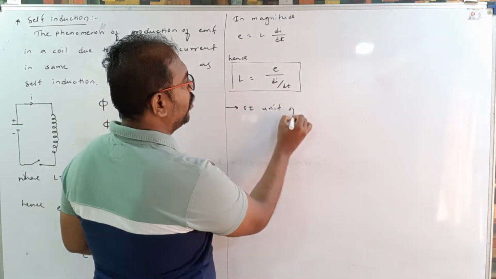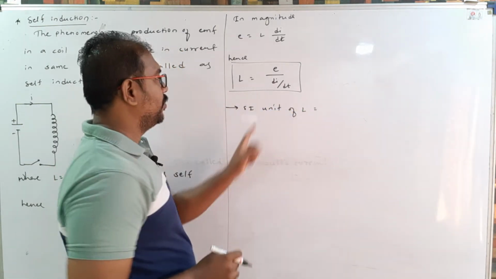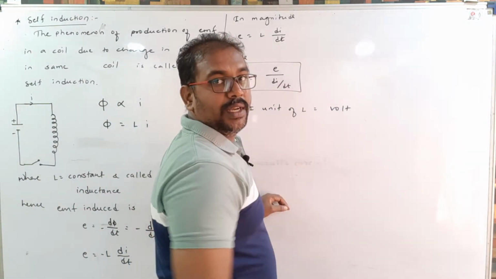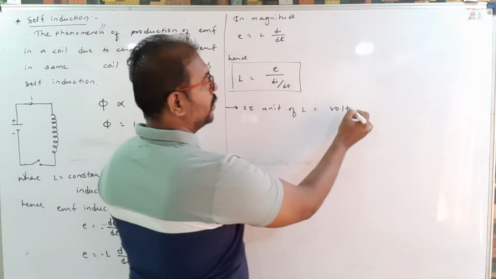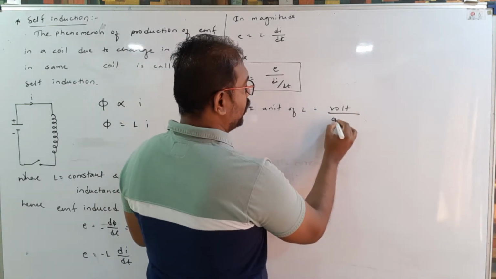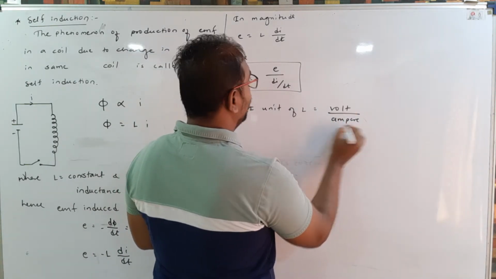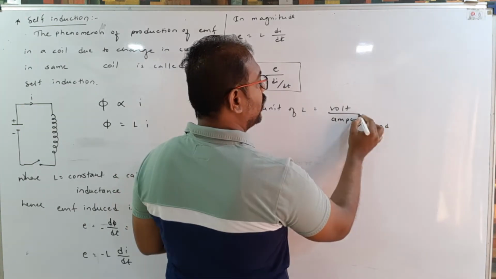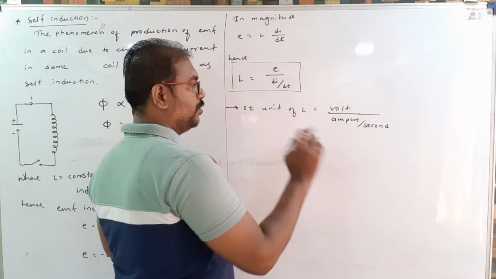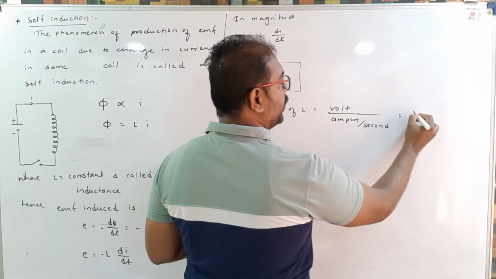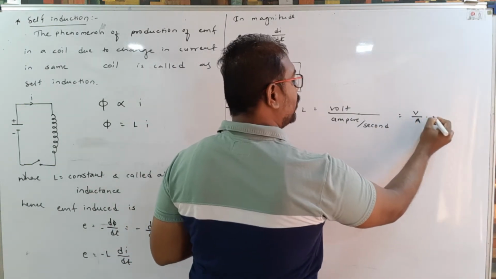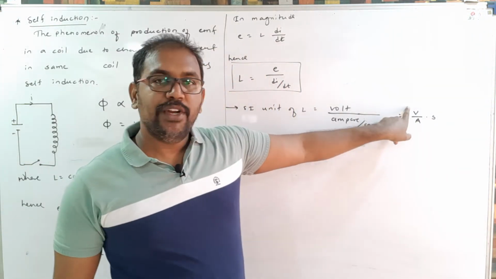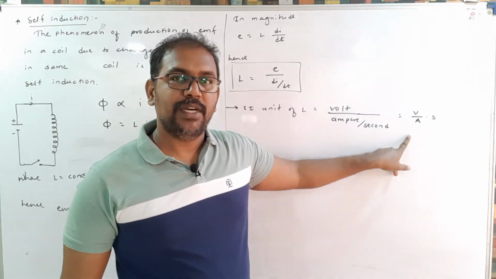SI unit of L. Now see here, unit of E is volt. Then unit of I is ampere. Volt divided by ampere, divided by time, which is second. So volt divided by ampere into second. Volt means unit of potential, ampere means unit of current.